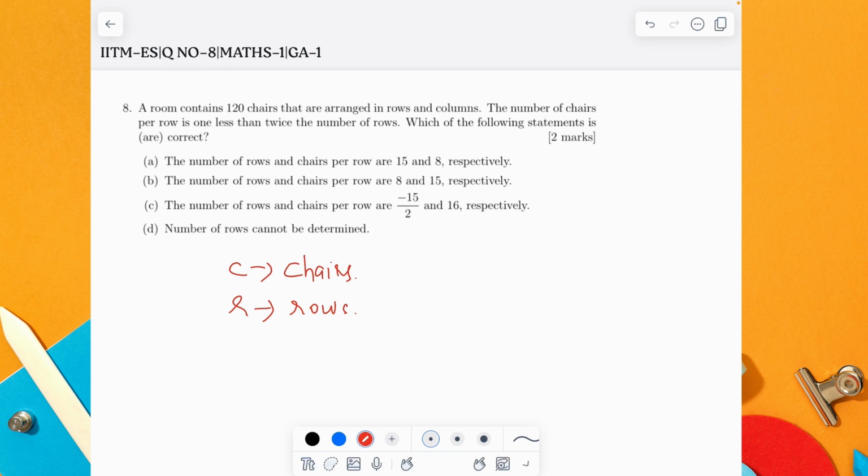The chairs are arranged in rows and columns, so the chairs are arranged in a particular row. Hence, R into C is equal to 120. So we can frame it as equation 1.